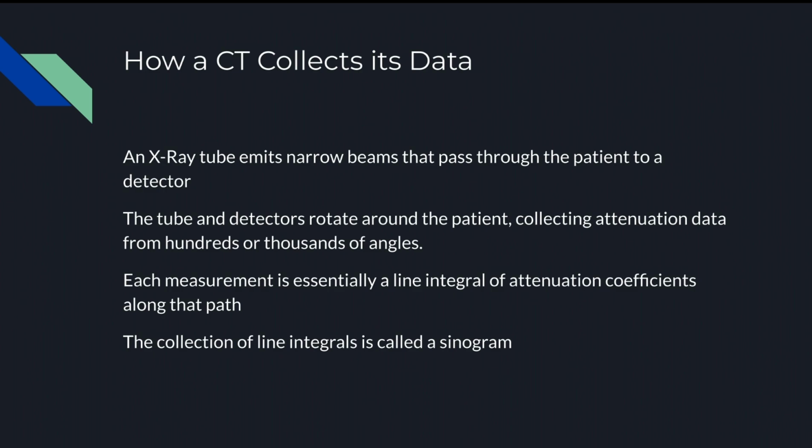And each measurement is essentially a line integral of attenuation coefficients along that path, which basically just means that the measurement is just looking at the intensity levels of the X-rays, and then it's able to eventually calculate based off of those intensity differences.